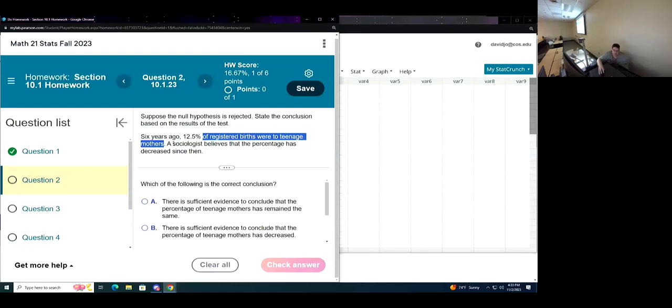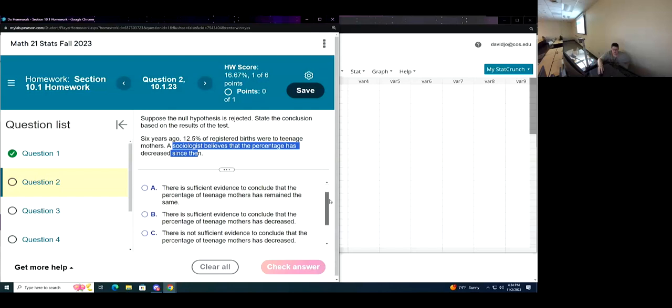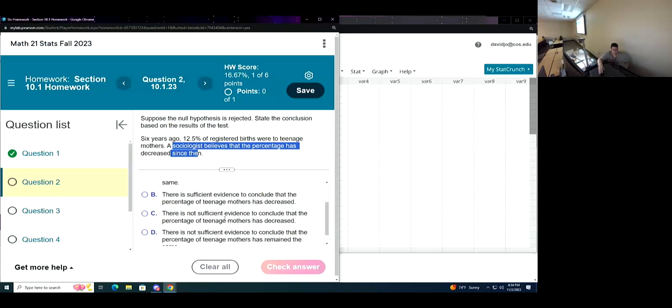The sociologist believes that the percentage has gone down, which means that's our alternate hypothesis, the one that we're supporting. So there is sufficient evidence to conclude that the percentage of teenage mothers has decreased. We want the "is," not the "is not."